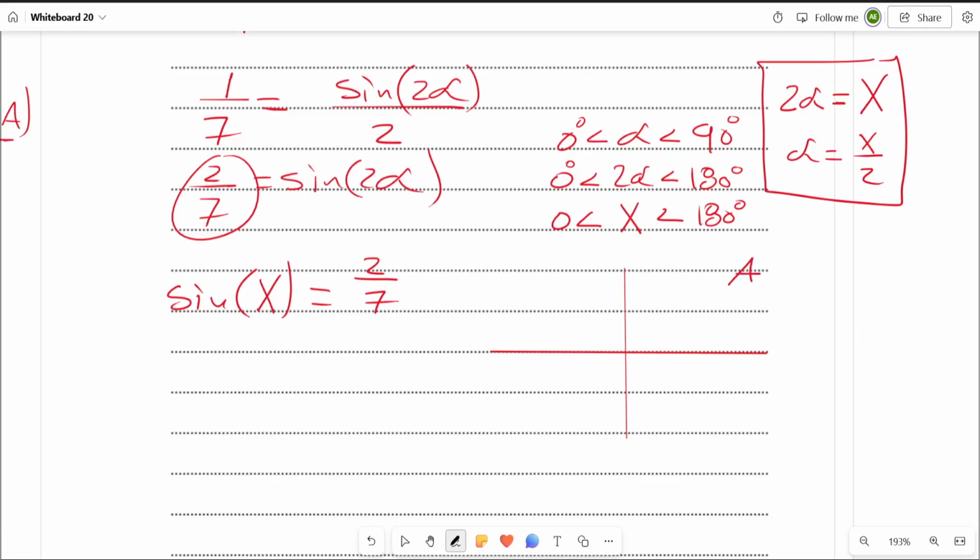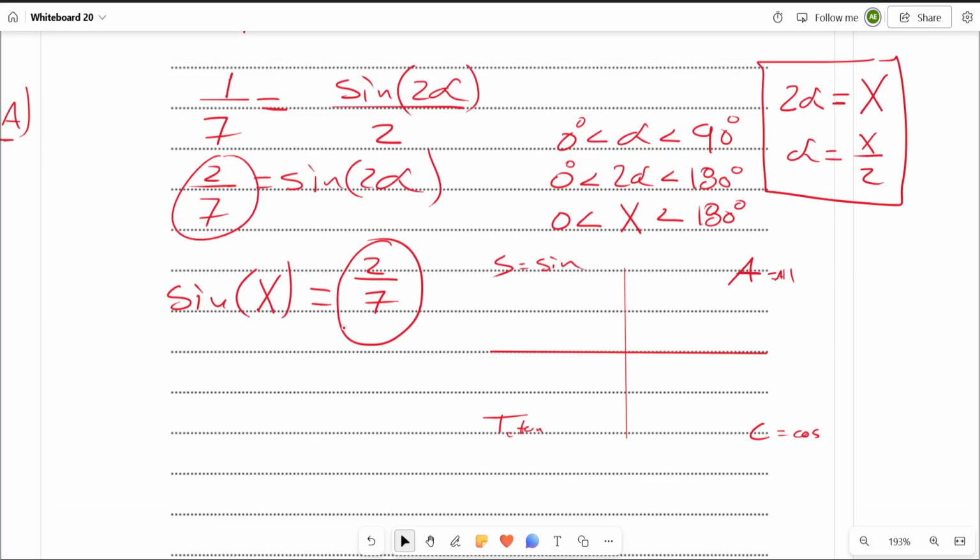So I have A, S, T, C. A stands for all. S is basically sine. This is tan. And this is, you can guess it, cosine. What I do over here is look at what is on the right hand side of my equation.